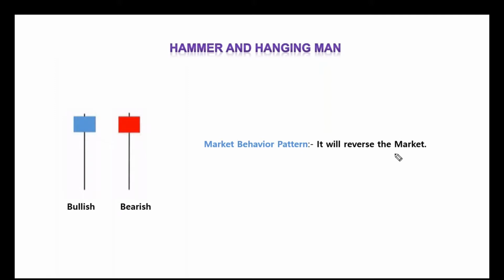Now let's understand in a different way how it can reverse the market. As you know, there is a tug of war going on inside the market. If we see here, the more price was going downside, the sellers were leading the market and pushing it downside. Now new buyers enter and push the market all the way upside, but not with much strength, and then it somehow closed here. So it is a bullish candle. This is the close price, because it is a bullish candle.